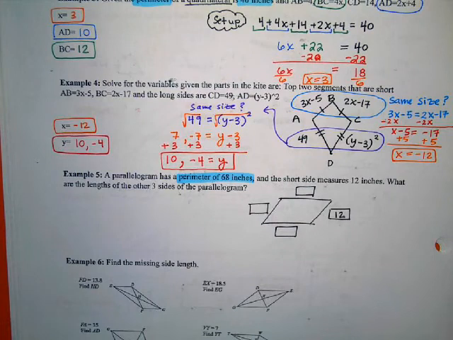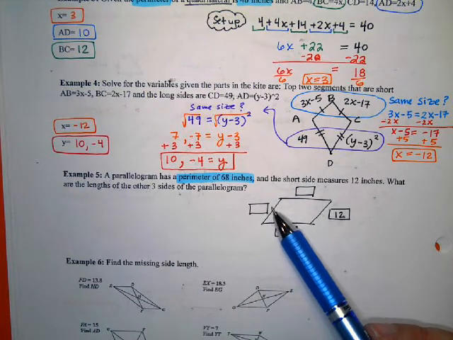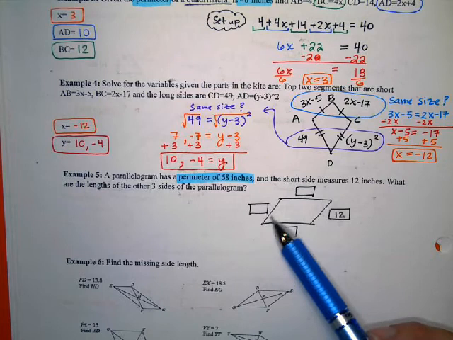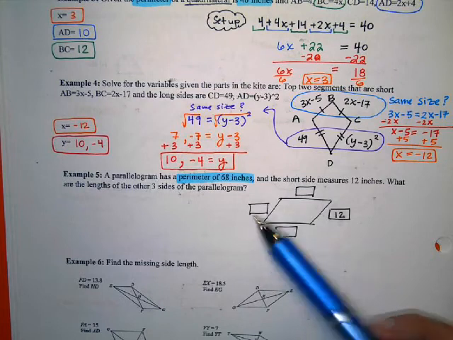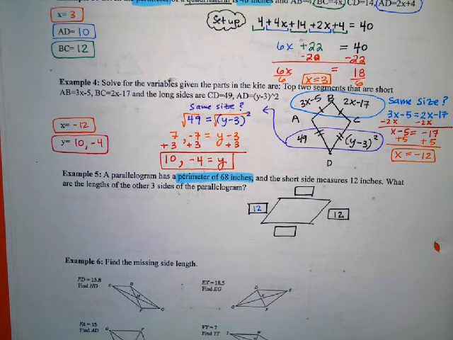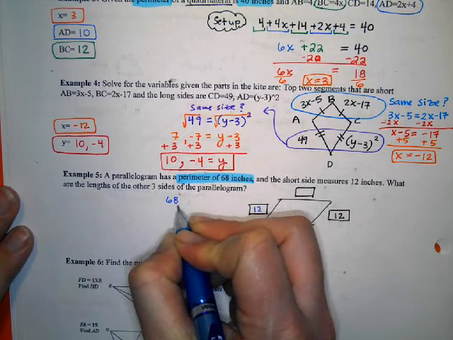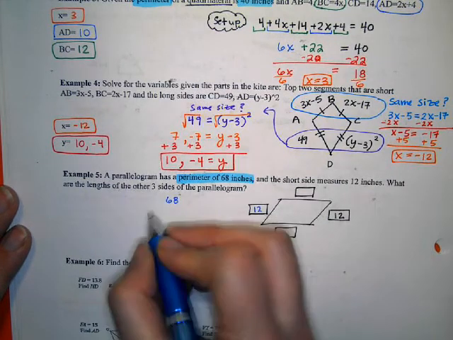Okay, the short side is 12. What will this left side be right here without doing anything? Parallelogram. I don't have to do any math yet. What should this one be? 12. Same size. Should be 12.